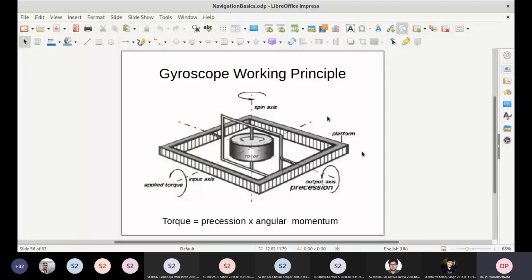Can one of you guess what is the applied torque direction, with the video or approximate video, whatever you saw there? The applied torque direction will be which axis? Can you guess that?